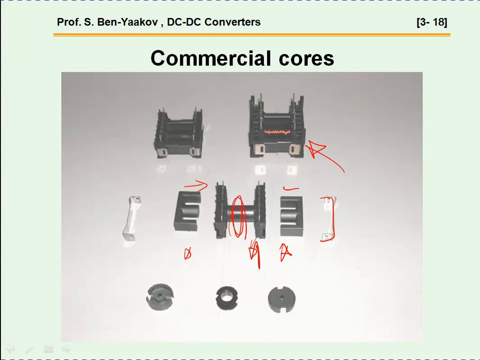Of course, the gap is one place to put it here, or you can put it here, also, or in 3 places. Normally, it's done here, and you can buy cores already shaped with a gap. So when you close the two together, there is an air gap between the core.